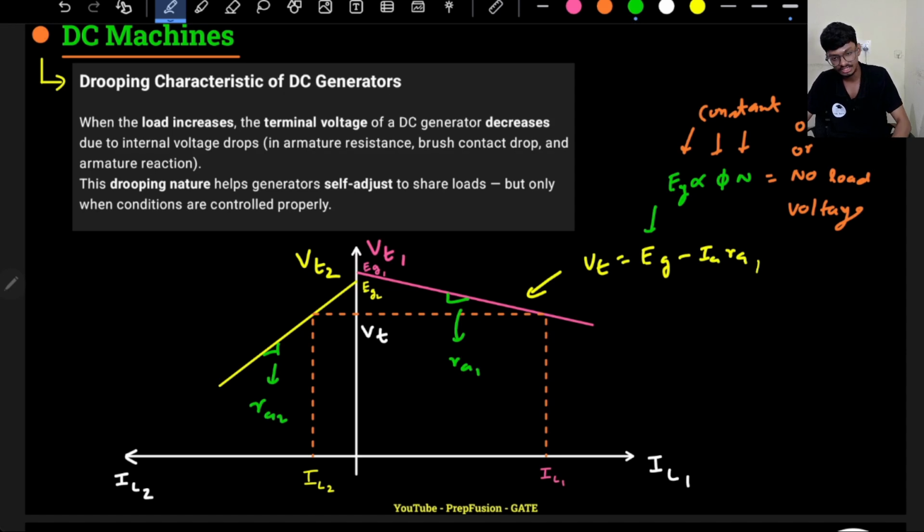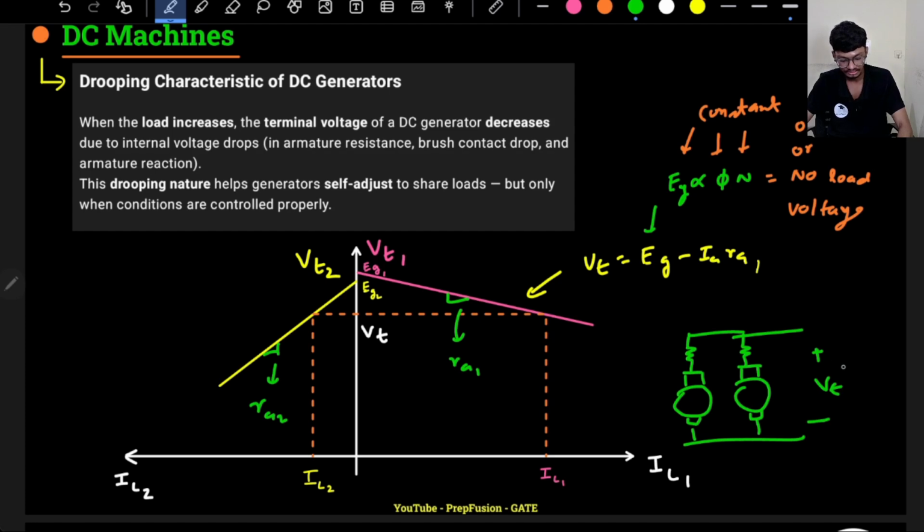If their slopes are different, their operating points will be different, because if I am connecting two DC generators in parallel, the terminal voltage must be the same. Vt must be constant. If Vt is constant and this is Ra1, this is Ra2, the current sharing will be different.